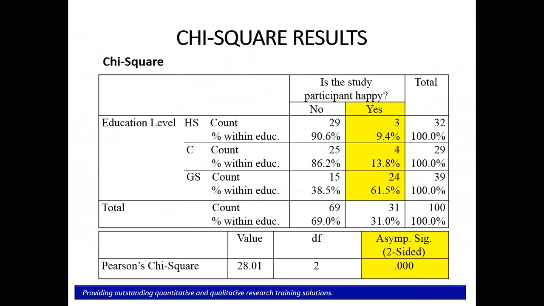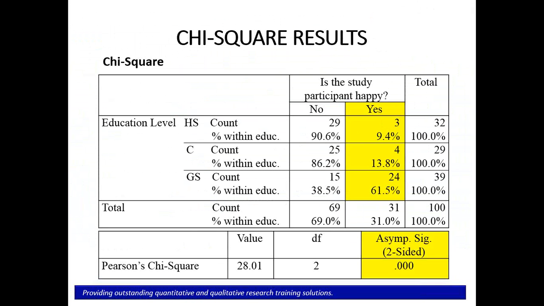But then when we go to graduate school, we see a big jump. 61.5% of the study participants that went to graduate school are categorized as happy. So there's a significant relationship where it seems that as education increases, you're more likely to be happy, particularly if you went to graduate school.